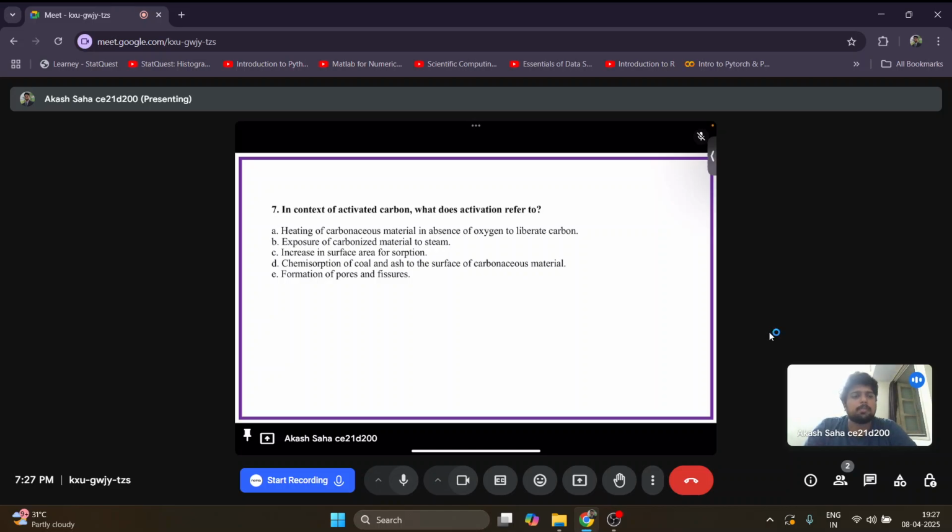So we are talking about the term activation with respect to activated carbon. Don't get confused with the process of pyrolysis, which we do to form this activated carbon. Activation is different. So here we are just talking about the activation.